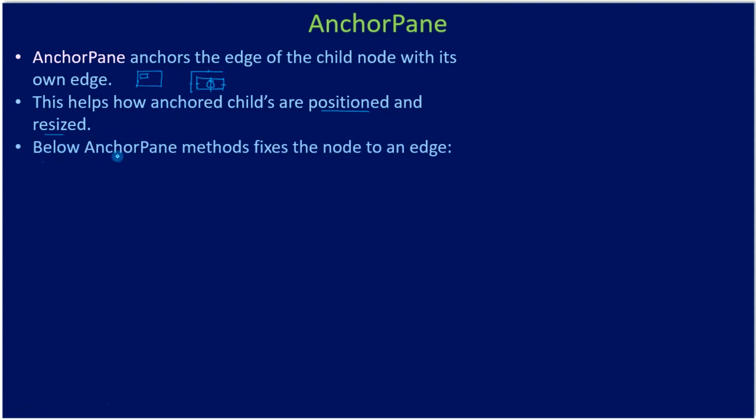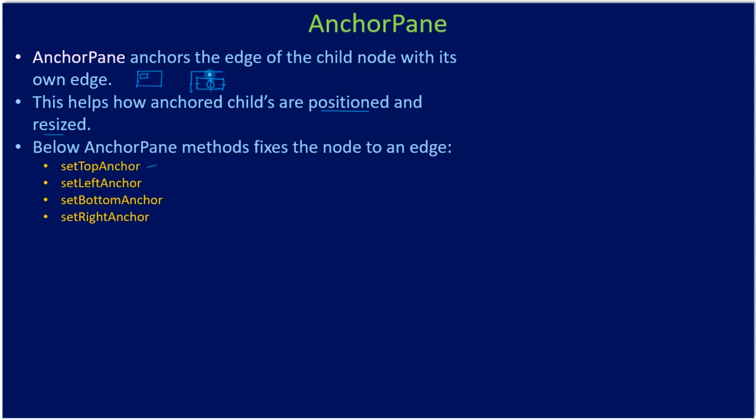So below, the AnchorPane methods fix the node to an edge. This is the child, and you can fix the edge with the container by these methods. setTopAnchor, we will see that in detail. For now we will look at the method setTopAnchor.